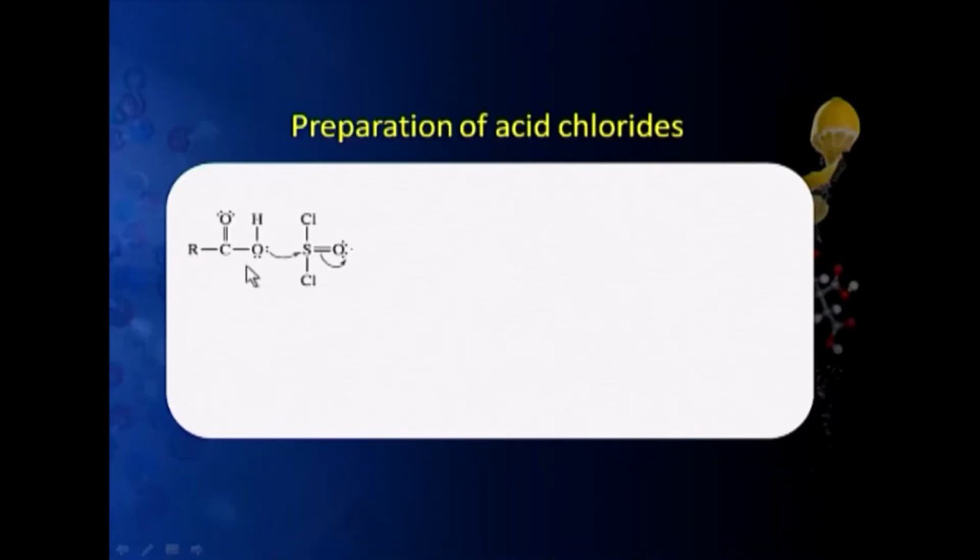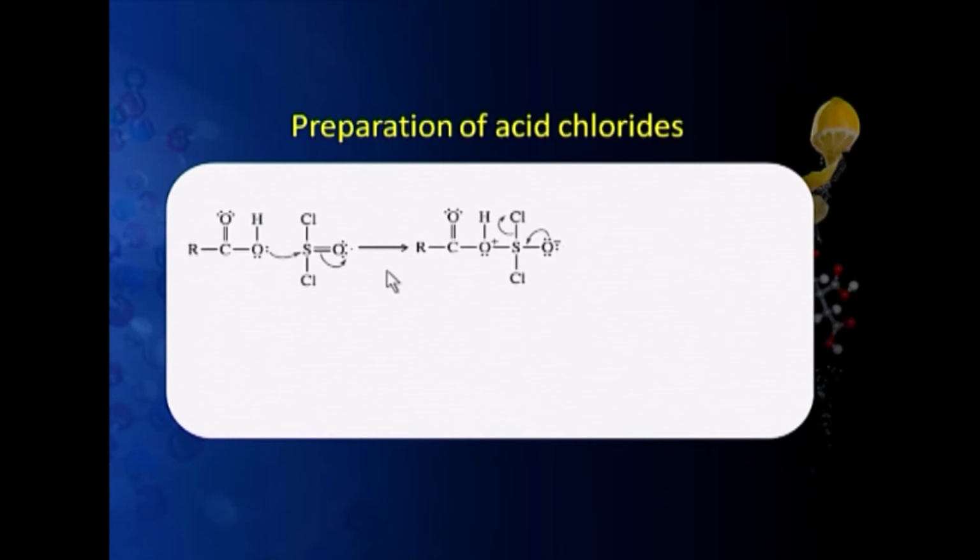When a molecule of carboxylic acid reacts with thionyl chloride, either of these oxygens can act as nucleophile. They attack the sulfur and one of the Cl, this first pair of electrons goes to this oxygen, and then in the second step when this pair of electrons comes back, one of the chlorines is lost.